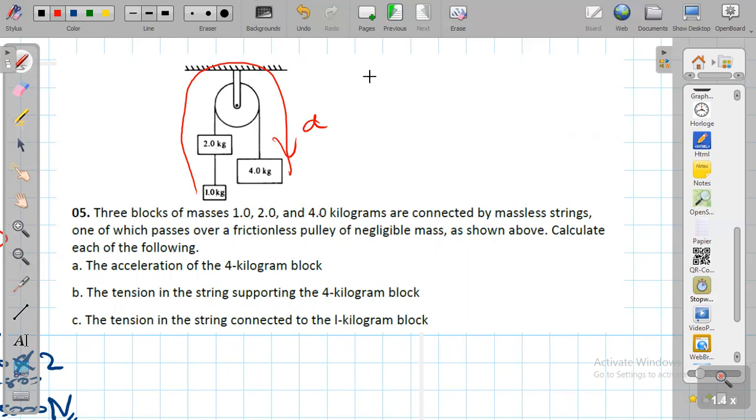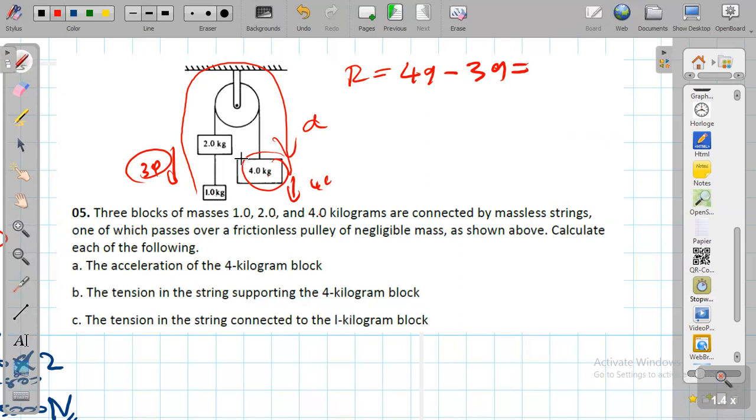From my technique, can you remember that technique? So find out the resultant force. Resultant force is what? 4g minus 3g. This is the driving force, 4g. This is the resistive force, 3g. So what is the total mass here? Total mass is, what is it called?